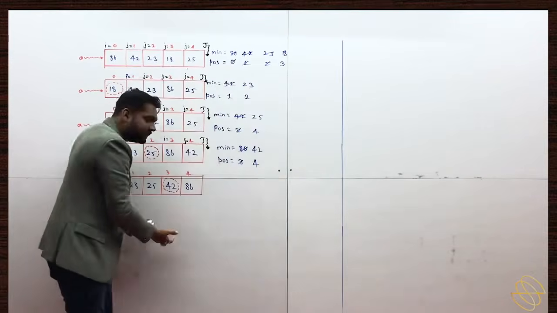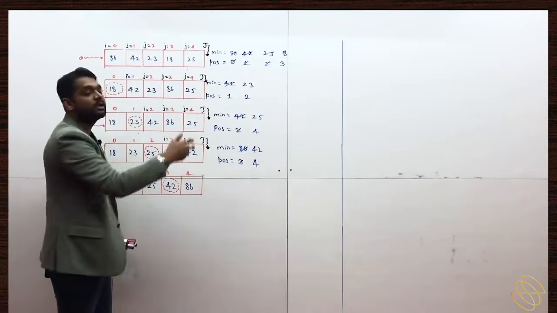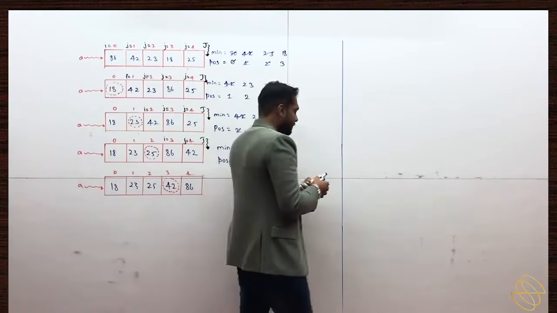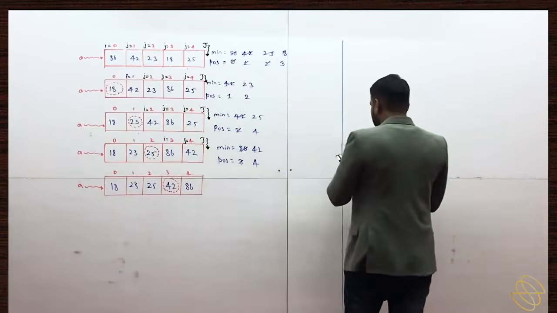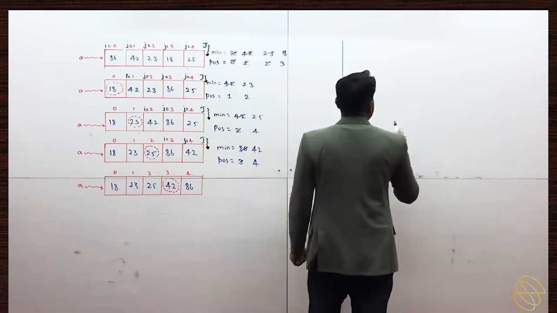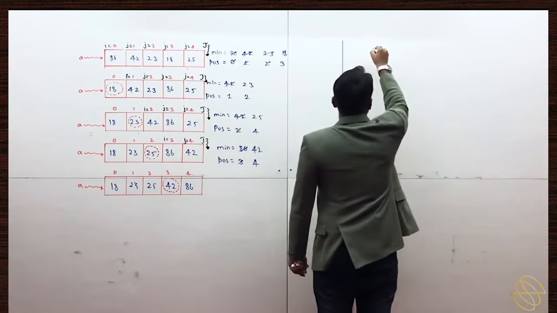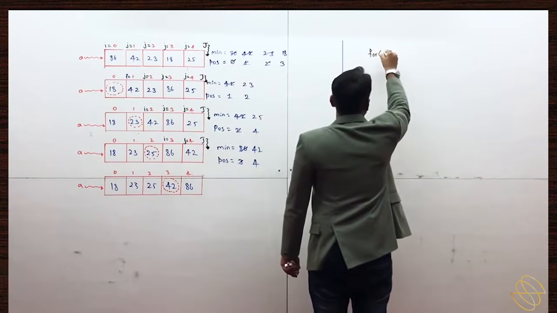Whatever we have done diagrammatically, the same thing I would write probably in pseudocode format. Look at it. This is what the selection sort algorithm tells. If n is the number of elements, then start I from 0.